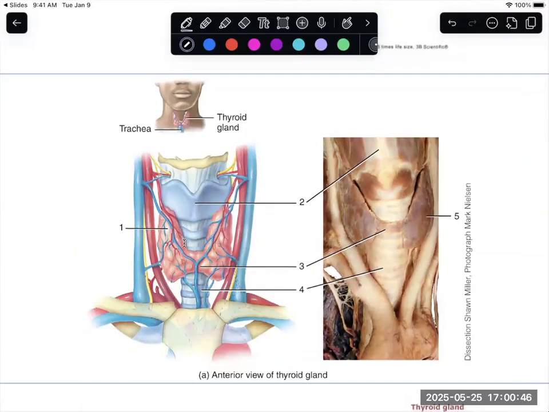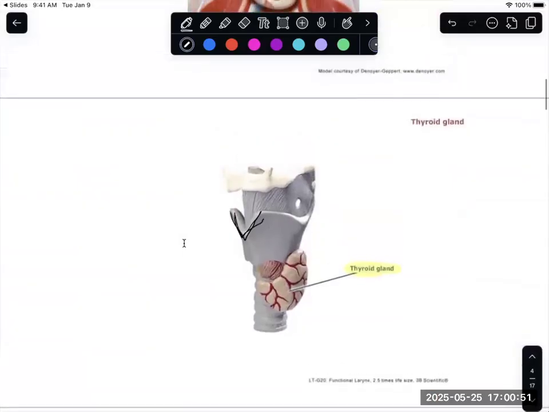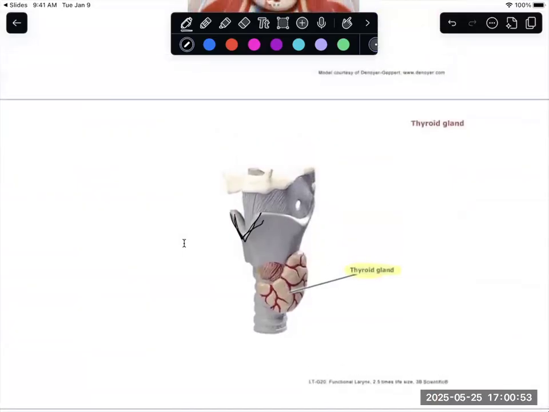So this gland secretes thyroxine, or T4, and triiodothyronine, which is known as T3. Triiodothyronine, or T3, is the active form of our thyroid hormone. It's going to regulate your metabolism. It regulates your growth and development.